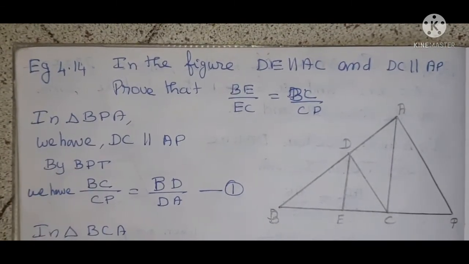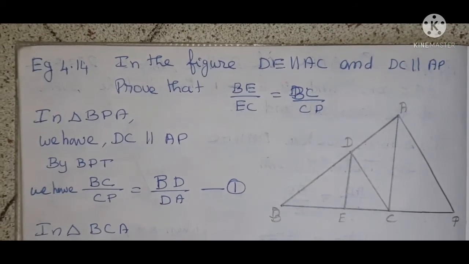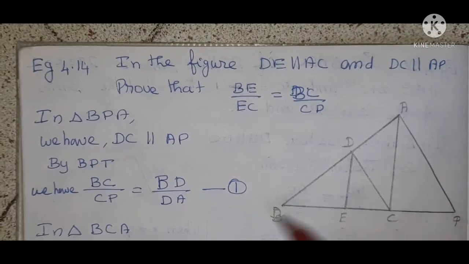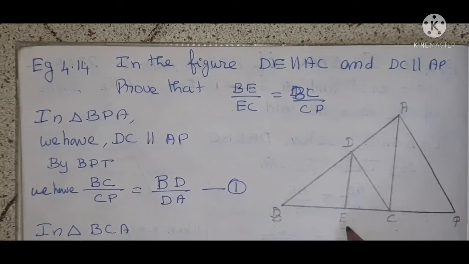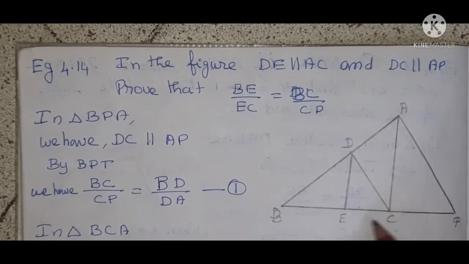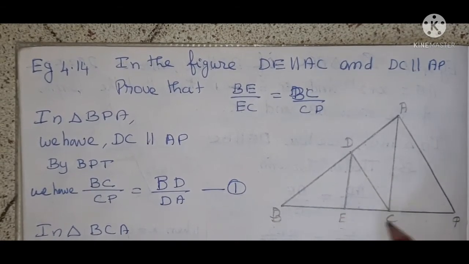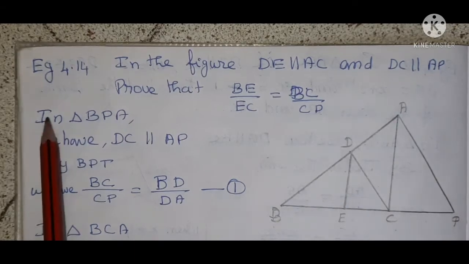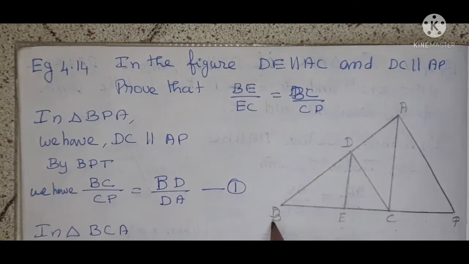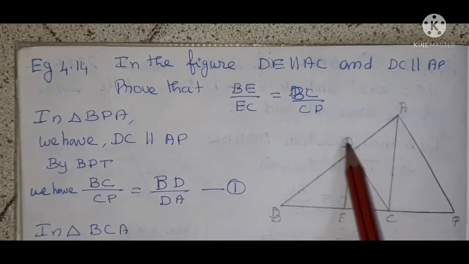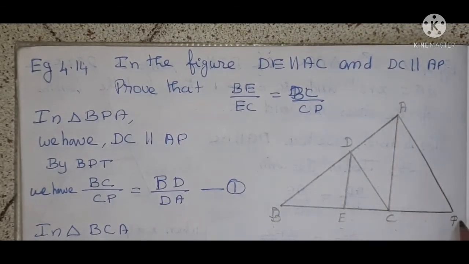Example number 4.14. In the figure, DE is parallel to AC and DC is parallel to AB. To prove BE by EC is equal to BC by CA. In triangle BPA, we have DC is parallel to AB.